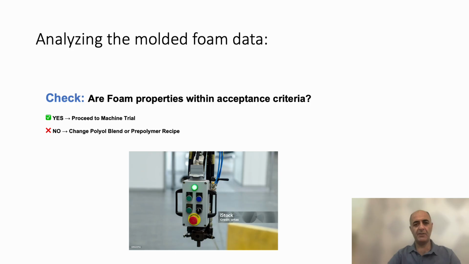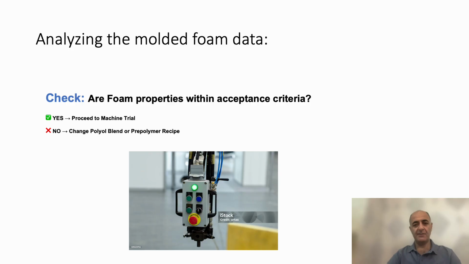After making the polyurethane foam in the sample mold in the lab, the expert will analyze the foam properties like foam density, cure conditions, the appearance of the foam, and if all the data were within the acceptance criteria, then the expert will go to the next step, which is the machine trial.